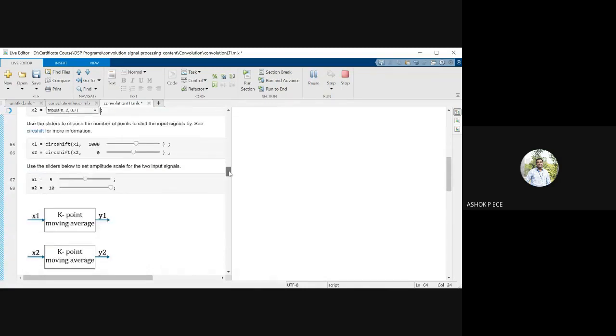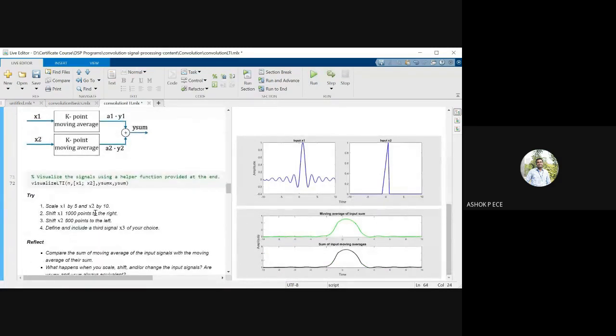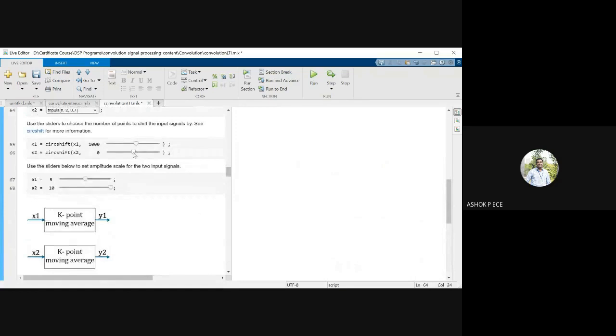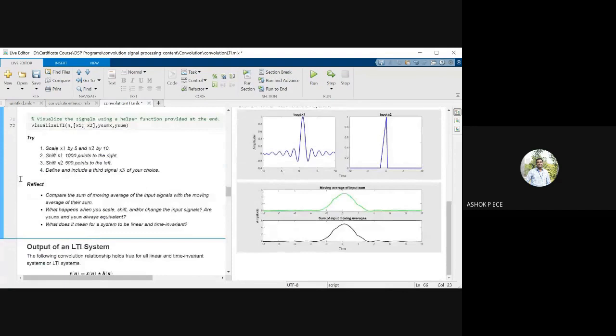And shift x2 500 points to the left. We cannot make 500, so I'll make it as minus 1000. Here I can make it, I'll type it as minus 500. Now define and include a third signal x3 of your choice. You can even take one more signal.